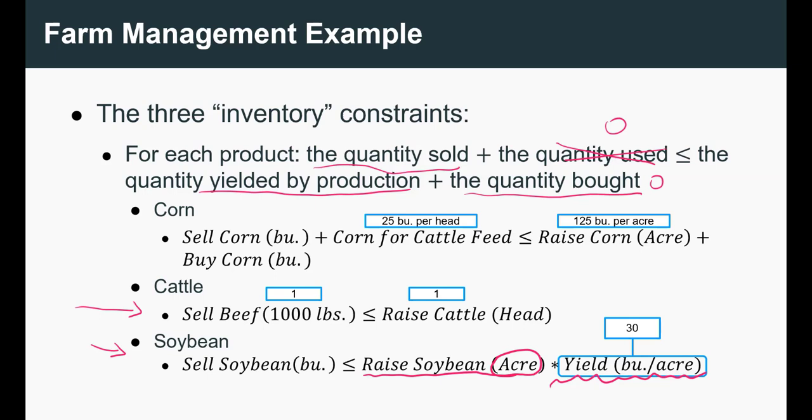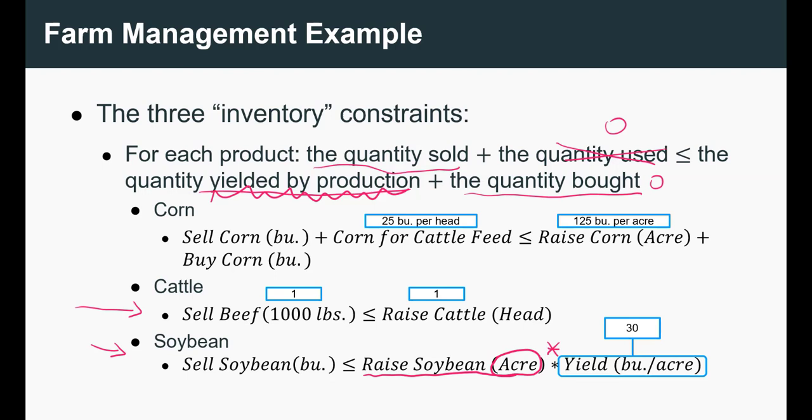If you want to link this to the quantities yielded by production, you actually have to multiply by the yield. You can get the yield information from the budget, from the table.